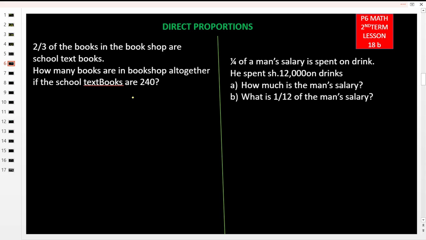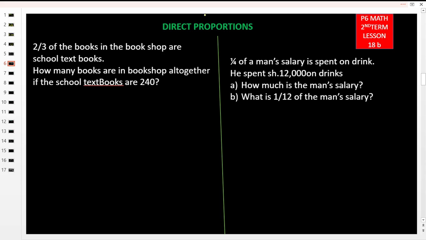So in this lesson, we are still moving on with direct proportions, whereby we said we are dealing with inverted L mainly, and I know you know by now what it means when I say inverted L. So here we are moving on to see word problems that involve fractions.